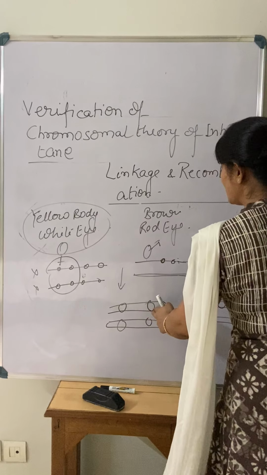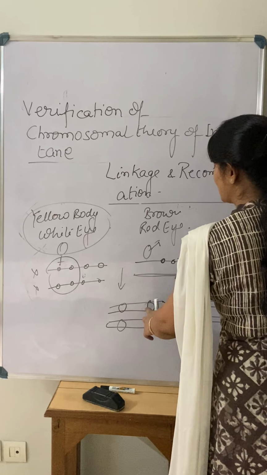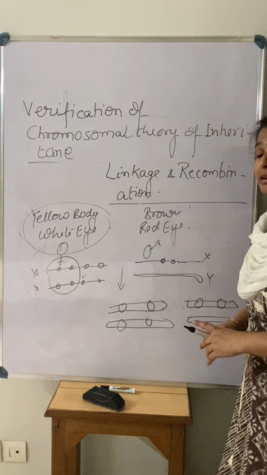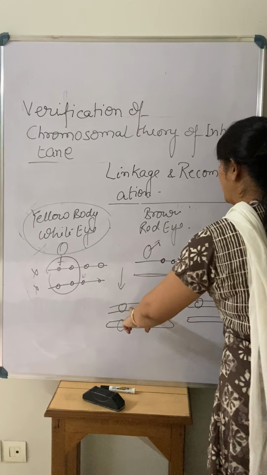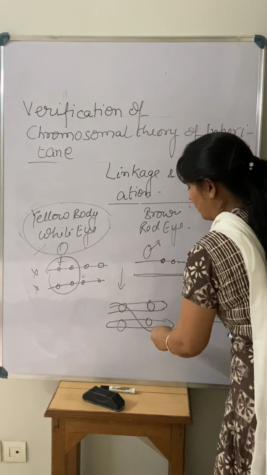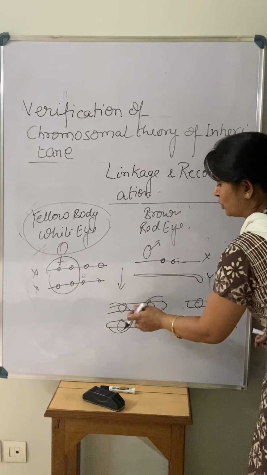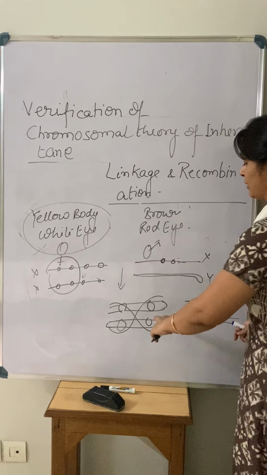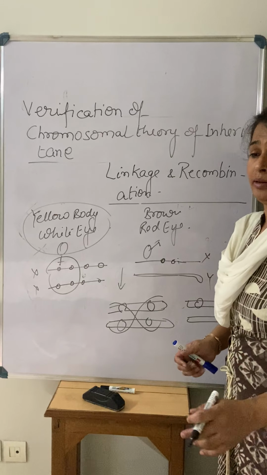But in this other example, the genes for the related characters are far away from each other. So when an exchange takes place, this gene will go to one chromatid and that gene will go to another chromatid, right?